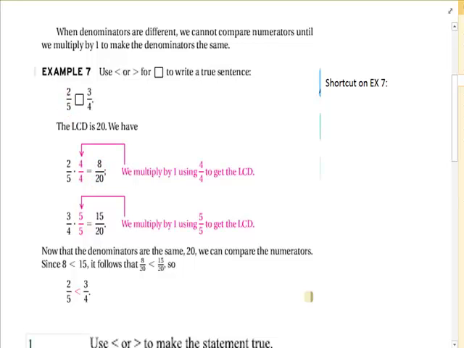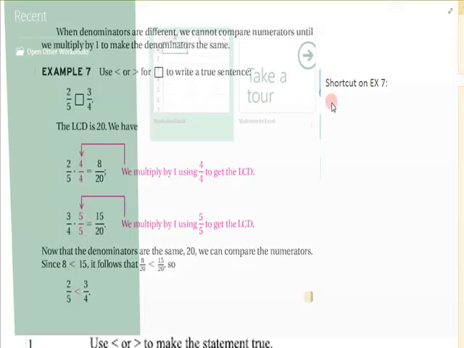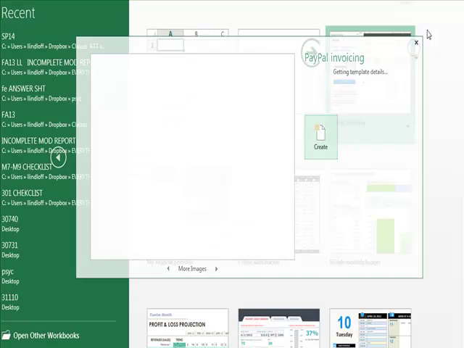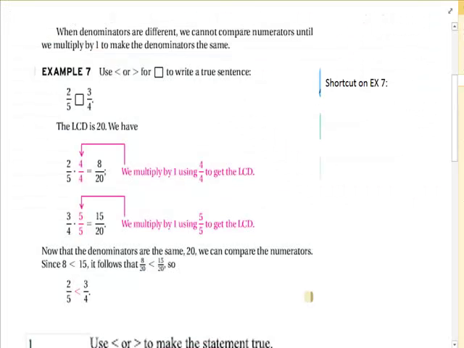So 2/5 is the same as 8/20. 3/4, common denominator of 20, you have to multiply 4 by 5 to get 20, so multiply the top by 5 to get 15.